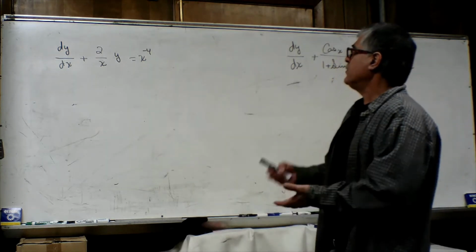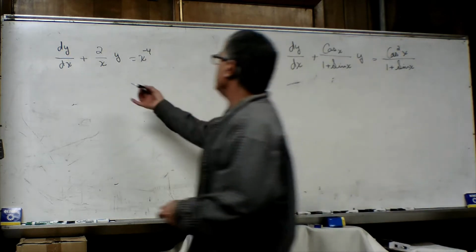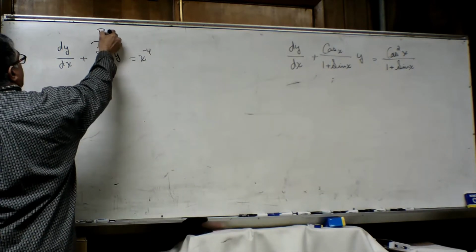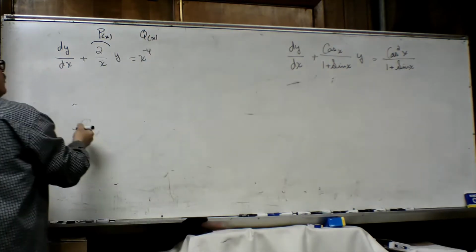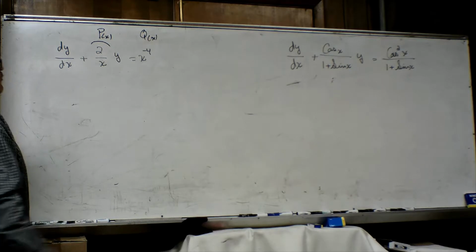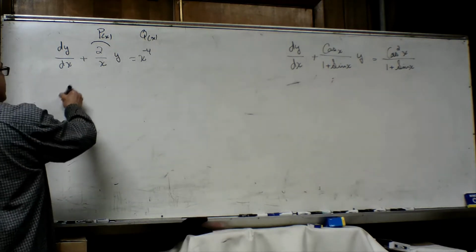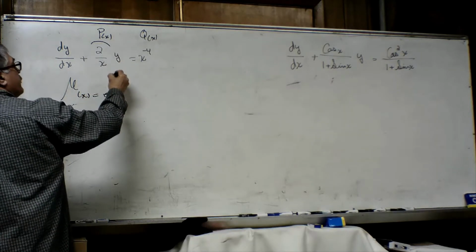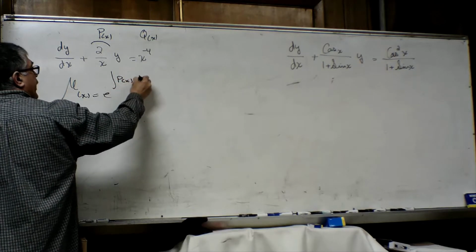Okay, now let's start with this one. In this equation, this is going to be our p(x), and this is going to be our q(x). In order to solve this, first we have to find the integrating factor, which mu(x) is equal to e to the power integral of p(x) dx.